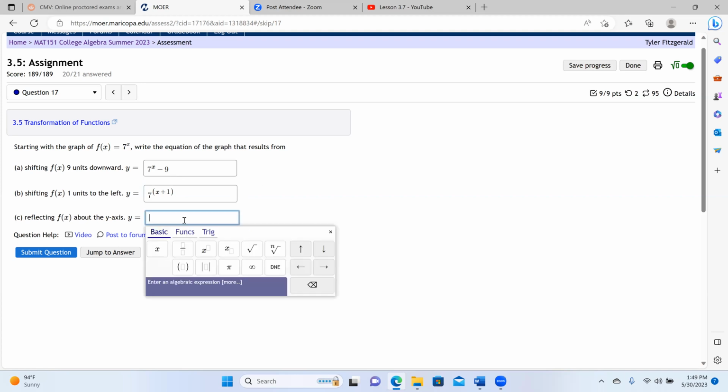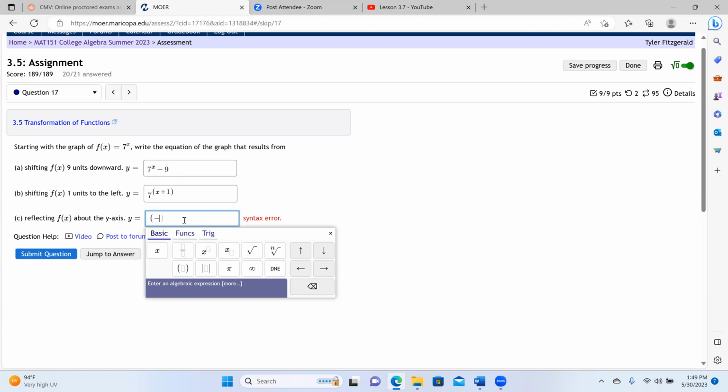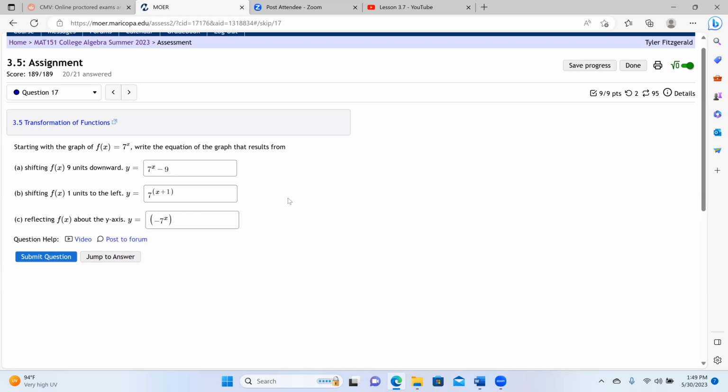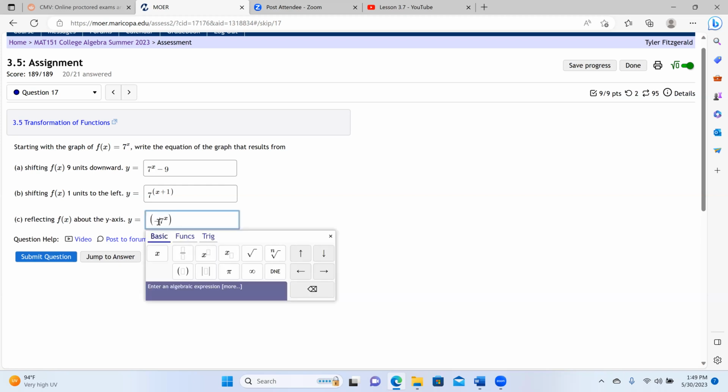Gotcha. And then this one reflecting about the y-axis would be -7 x. Wait, oops. Am I getting that right? That is correct. And then if it were the x-axis, then it would be basically right here.